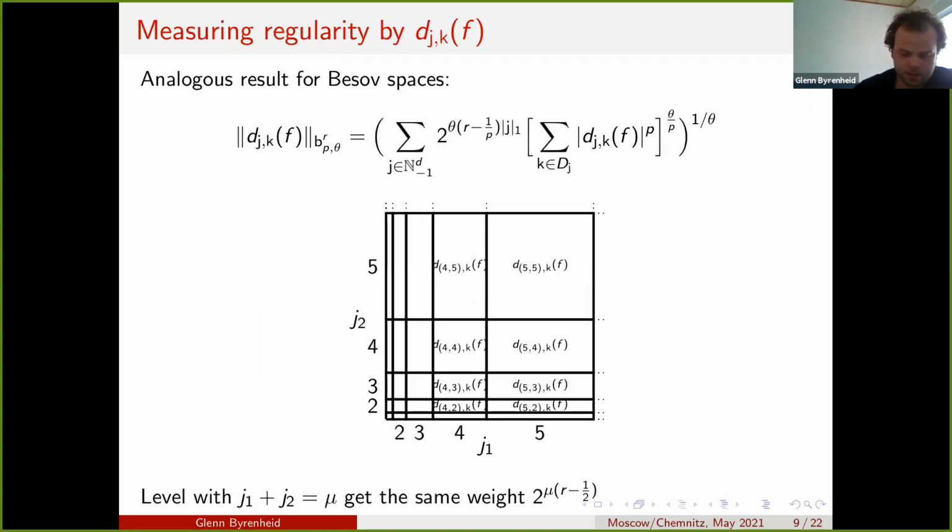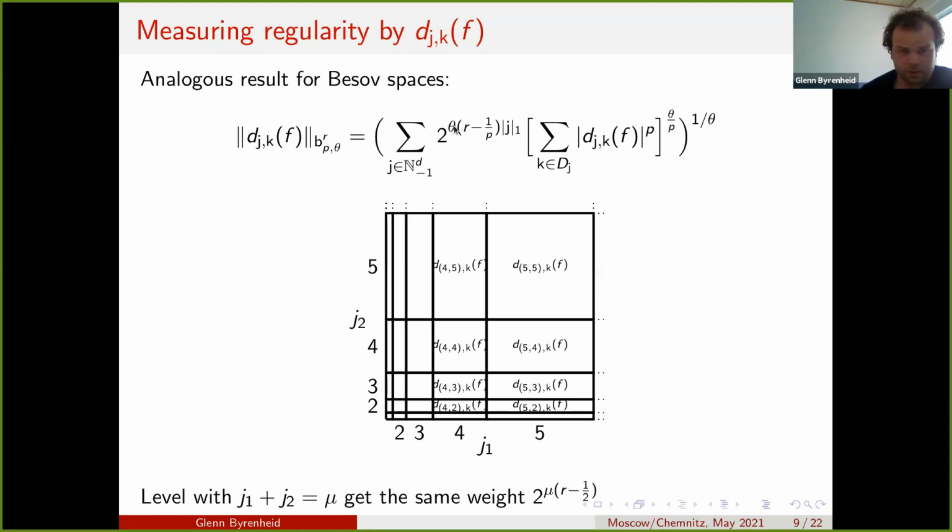So there are analogous results for Besov spaces. In case of Besov spaces, the sequence space looks a little bit different. There we don't have to integrate. We simply have a double sum. And here's again this parameter theta, this fine index.